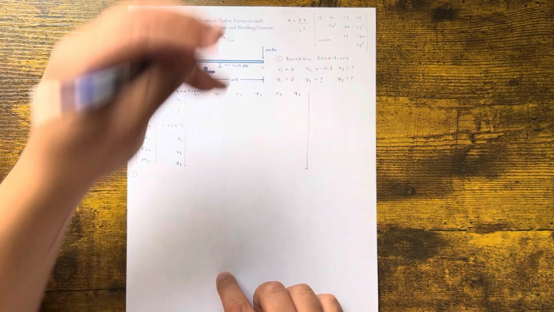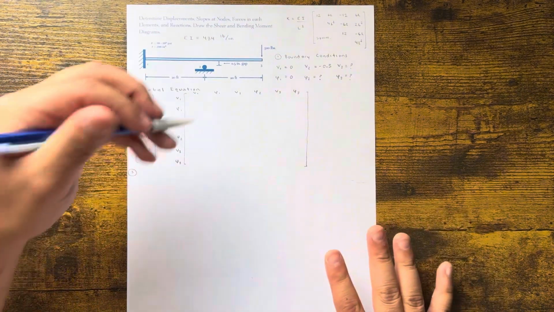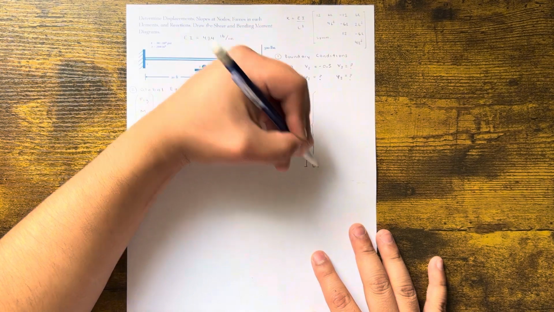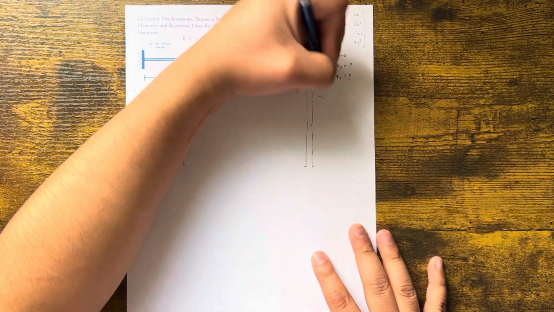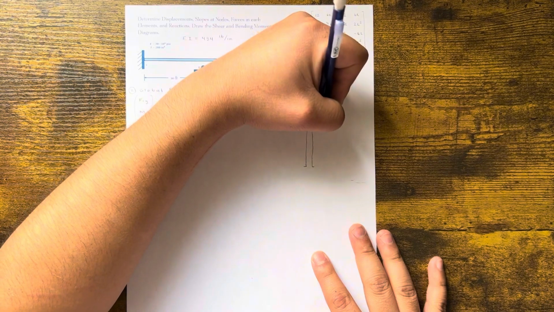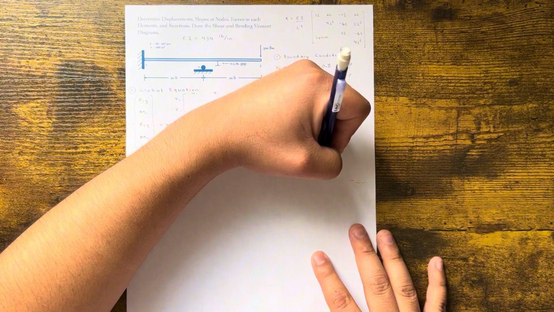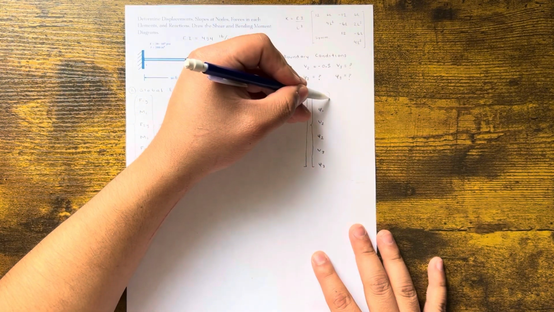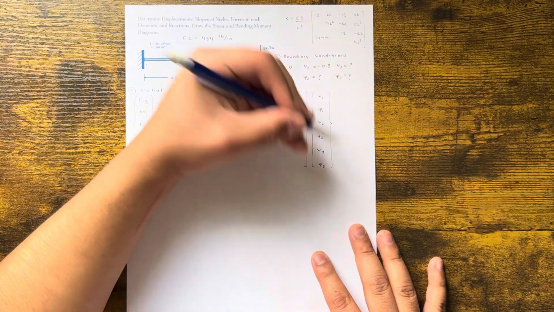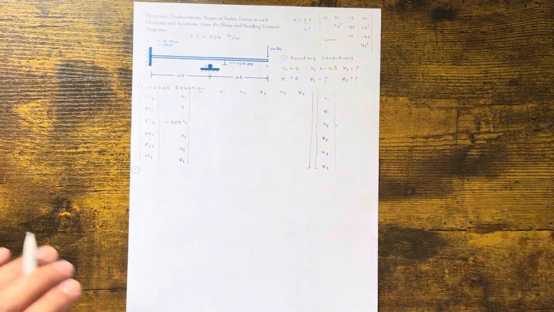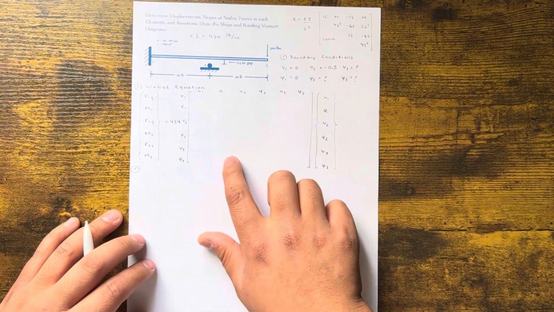So this is our global stiffness matrix, and we'll fill it out in a second. And then our displacement vector, this is just V1, Phi1, V2, Phi2, V3, Phi3, okay? Boom. So we know some of these. We should know some of these. Let's fill it out. But before, let's fill out this stiffness matrix, okay?